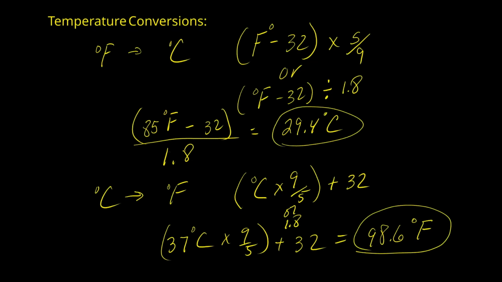And to convert from Celsius to Kelvin, or from Kelvin to Celsius, you simply either add or subtract 273.15. So if I'm going from Celsius to Kelvin, I simply add 273.15 to get Kelvin. And if I'm given Kelvin, I want to go to Celsius, I'll take Kelvin and subtract 273.15.